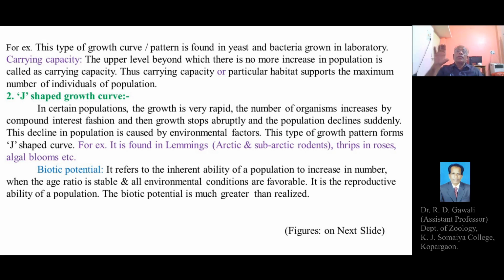compartment or the respective habitat or the area having a particular population, possessing a definite number of organisms in the form of a population.